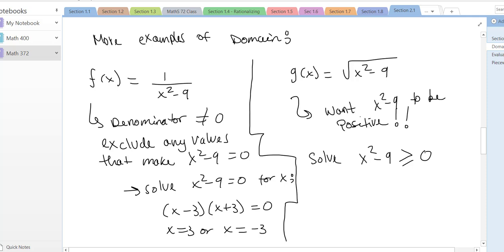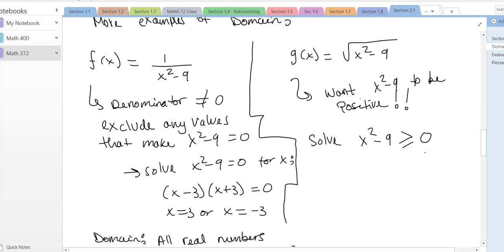And so we use here our practice from chapter 1, how do you solve nonlinear inequalities? And remember, we can go back to the steps. To solve nonlinear inequalities, you need to have 0 on one side, which we do, factor completely, get the zeros of your factors, put them on a number line, and then do test points to figure out the products, and then write it in interval notation.